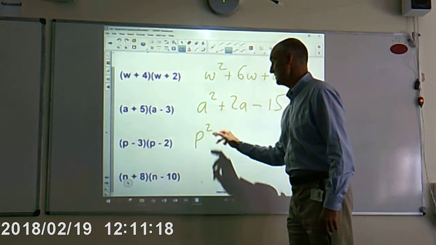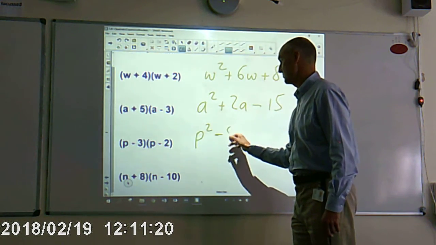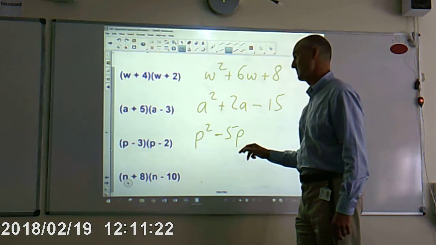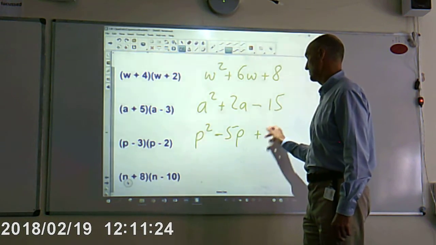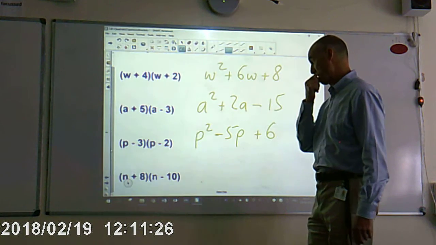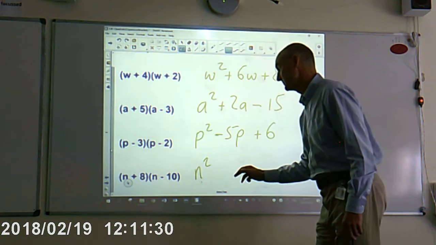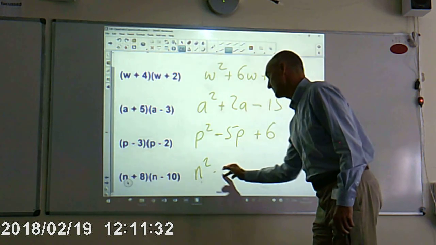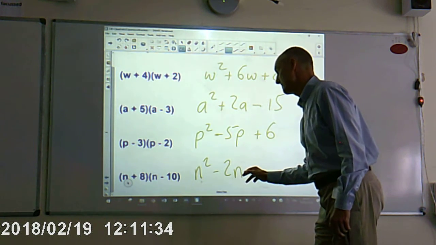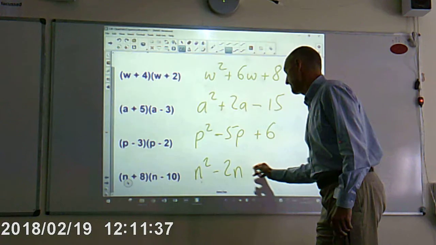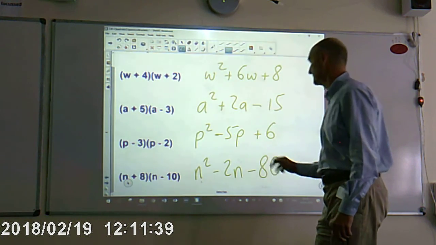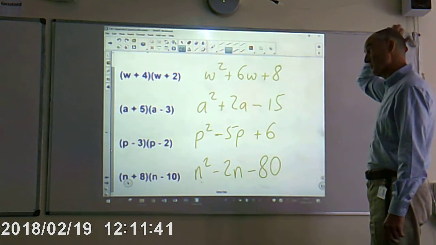P squared minus 5p plus 6. N squared minus 2n minus 80. They should be our solutions.